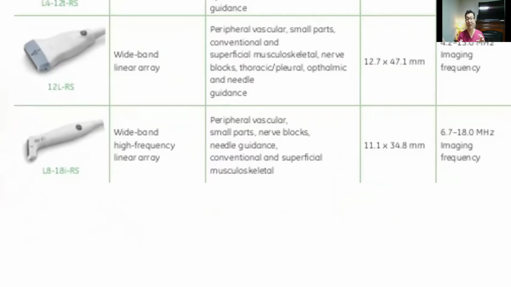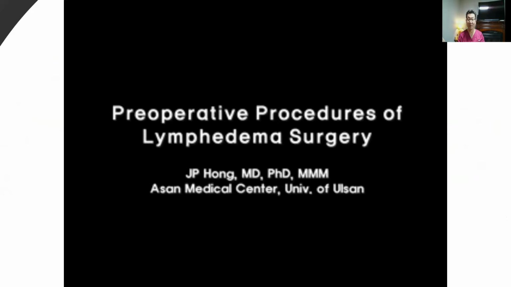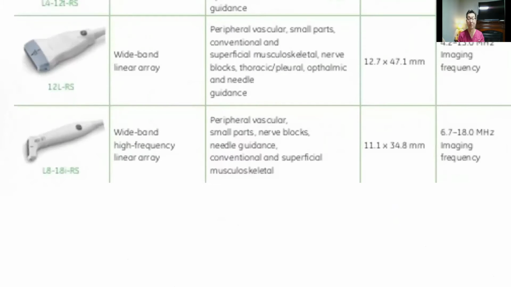Using the hockey stick at a relatively high frequency will give you around 1.5 to 3 centimeter depth, and you'll be able to image the lymphatic vessels. We'll take a look at this video and look at the specifics of how we use the ultrasound to map out lymphatics and the vein.